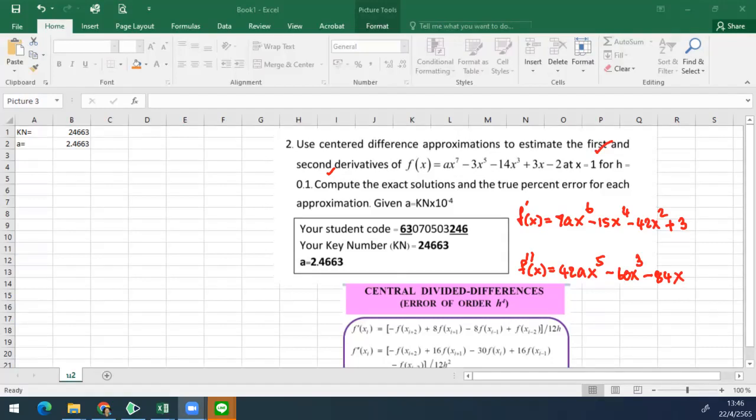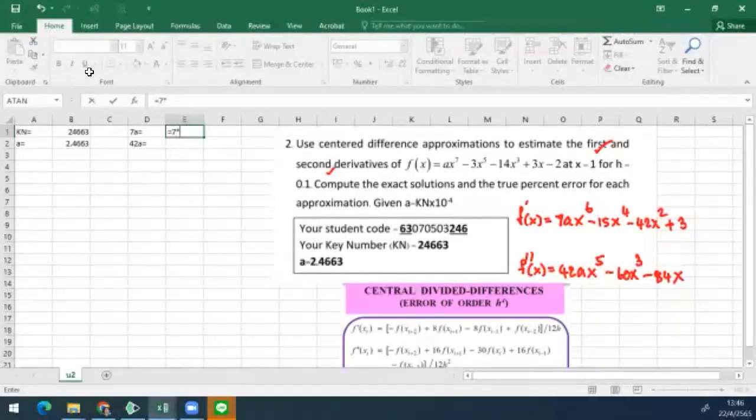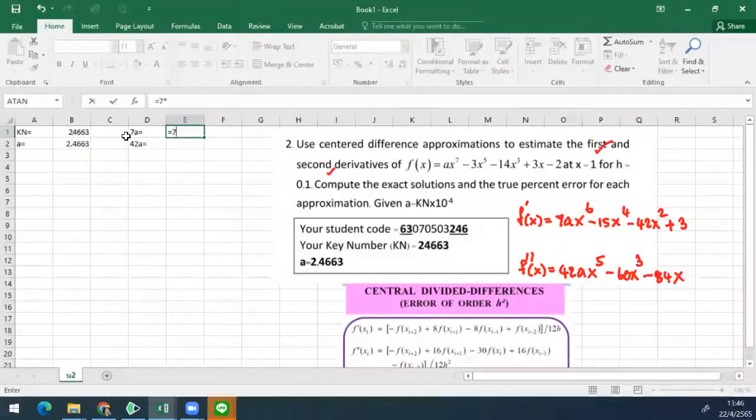Then we need to determine 7a and 42a. In order to determine the exact solution, we may determine 7a and 42a for the case that we would like to change the value of a.